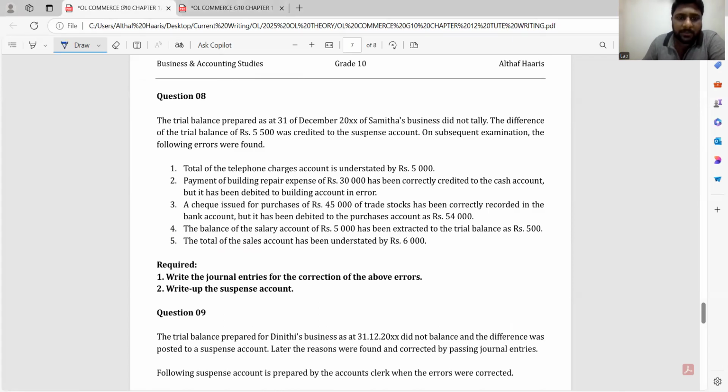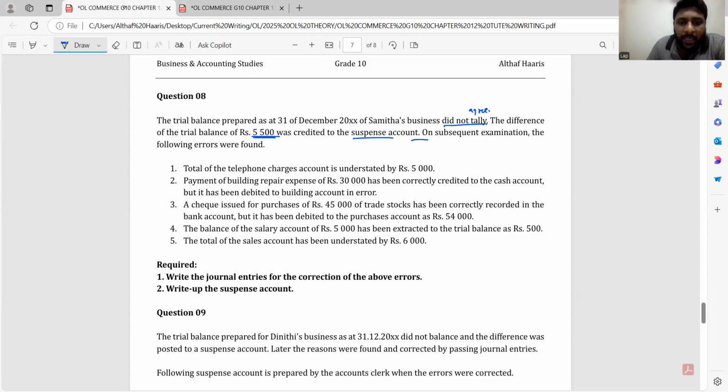The trial balance prepared as at 31st December 20XX, Samita's business did not tally. That means did not agree. The difference of the trial balance, 5,500, was credited to the suspense account. On subsequent examination, the following errors were found.